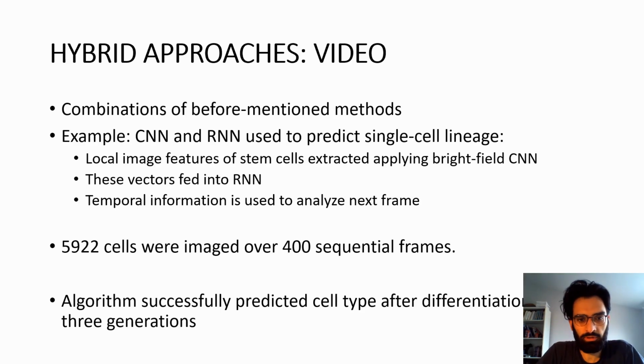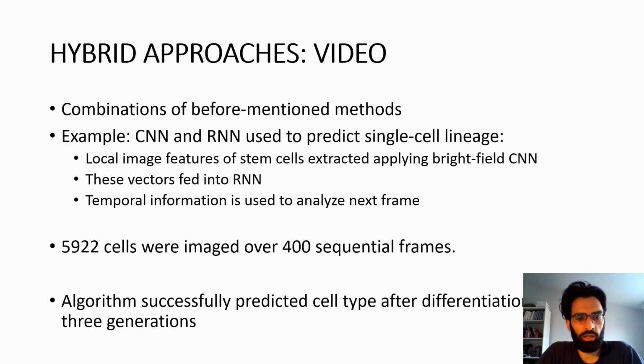Now the ultimate method is the hybrid approach, which is used in video processing. By hybrid, it means it's a combination of the previously mentioned methods. An example in the literature is that CNN and RNN are used to predict single-cell lineage.